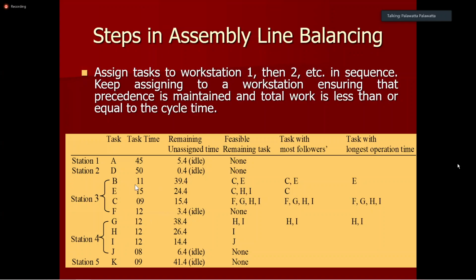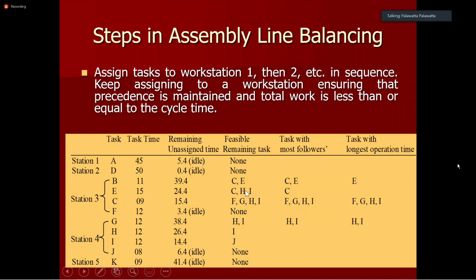We allocate E. After B's allocation, out of 50.4 seconds, 11 seconds are allocated, so the remaining time will be 39.4 seconds. E's time is 15 seconds, and 39.4 minus 15 gives 24.4.